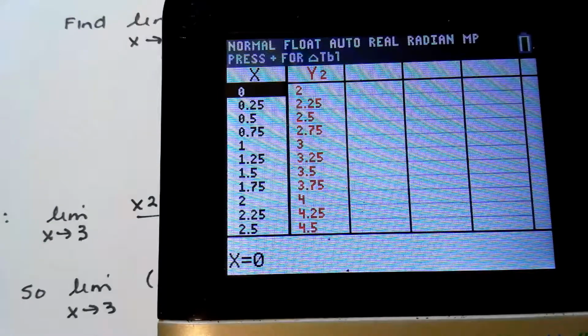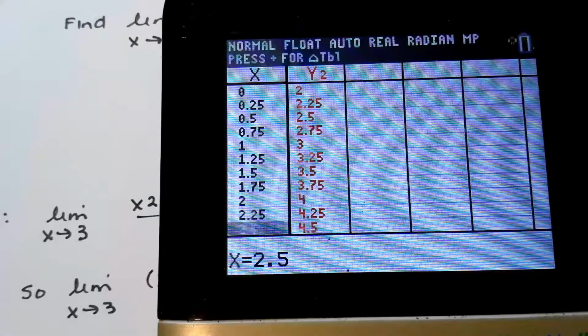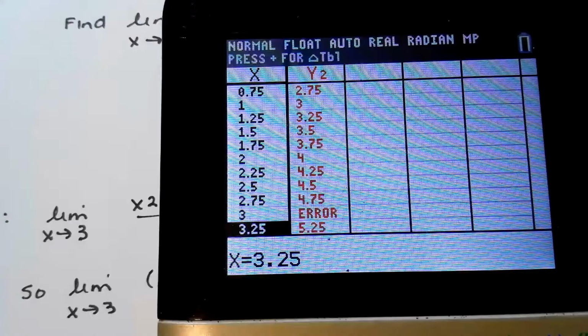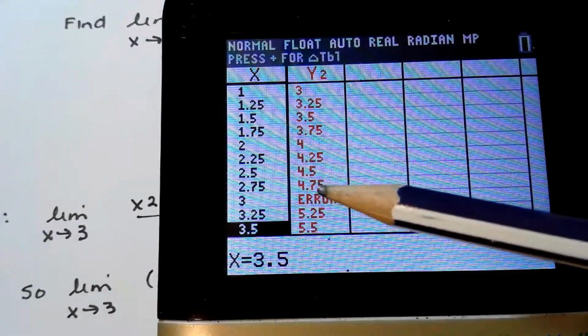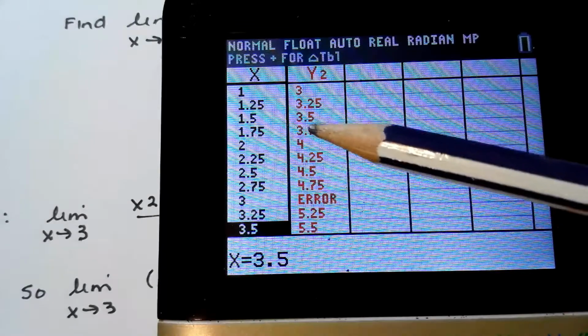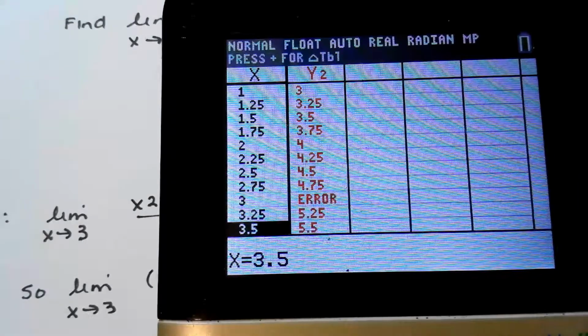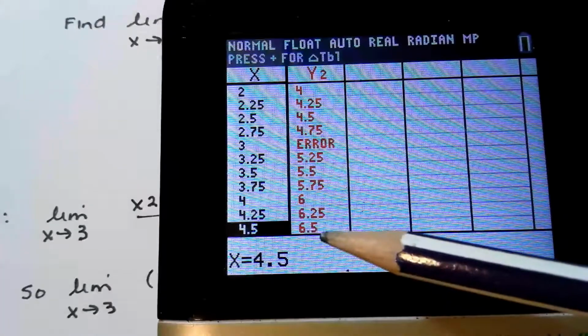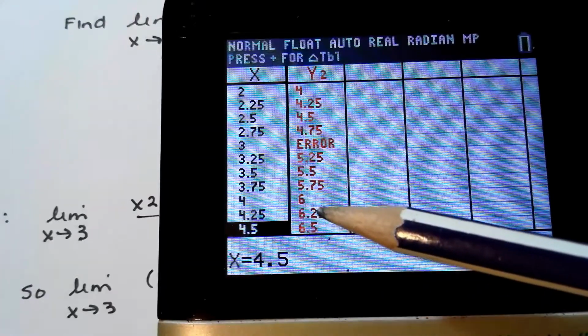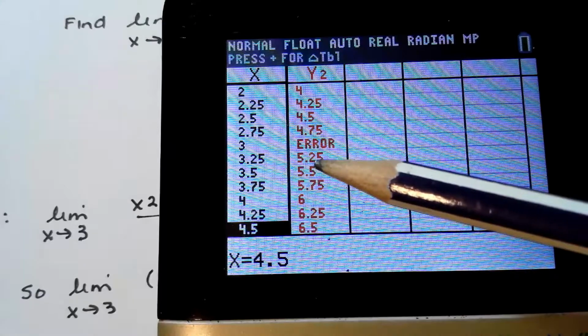So again, if I go to where x is equal to 3, what you notice is from the left, the numbers are approaching 4.75, so it's getting closer to 5. And from the right, let me just scroll down a little bit more. It started out at 6 point something, and then they're getting smaller and smaller and smaller and approaching 5 again.